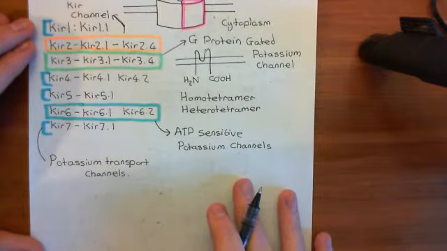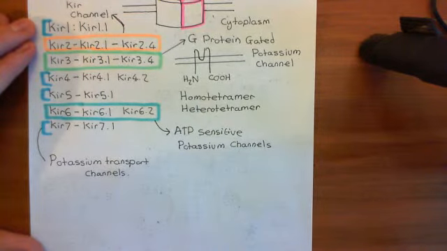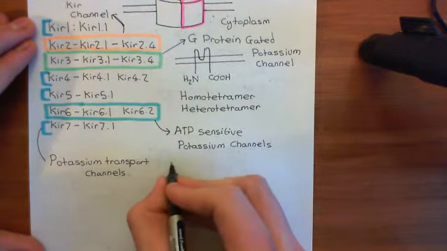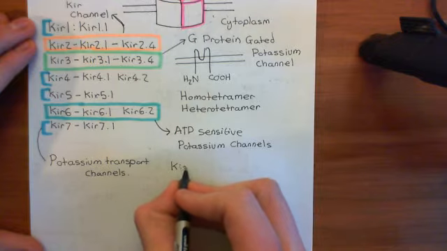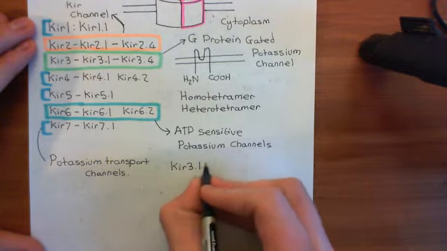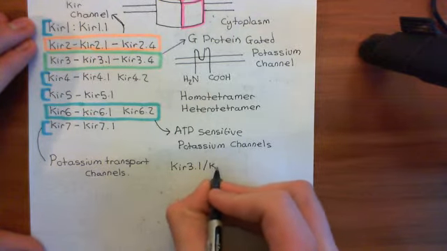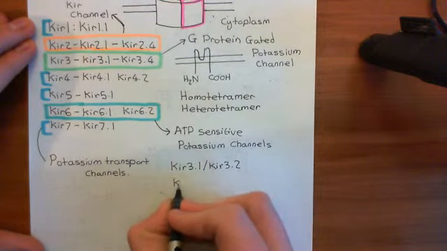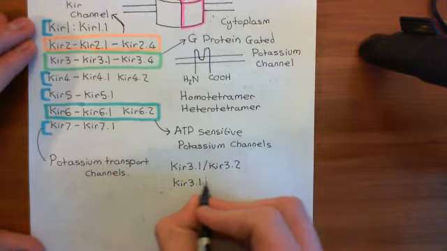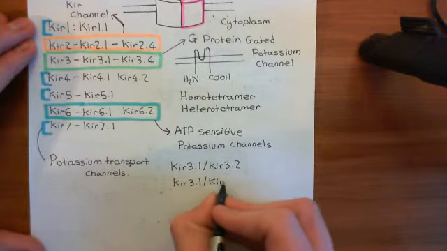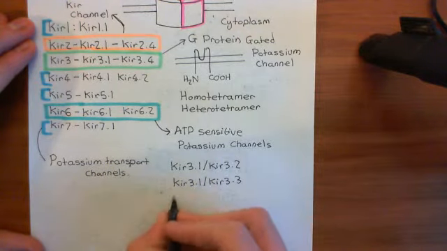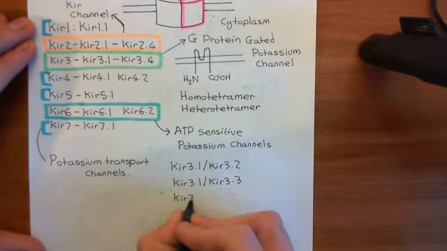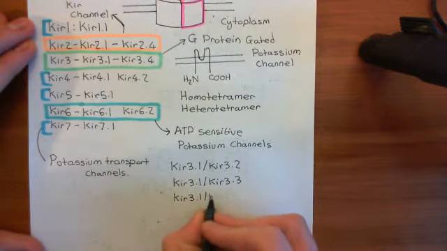Now, you don't generally produce homotetramers of this family. Instead, there are three main heterotetramers which are found in nature. Okay, so the three main heterotetramers which you find within nature are the KIR 3.1 with the KIR 3.2 subunit, the KIR 3.1 with the KIR 3.3 subunit, and then also the KIR 3.1 with the KIR 3.4 subunit.